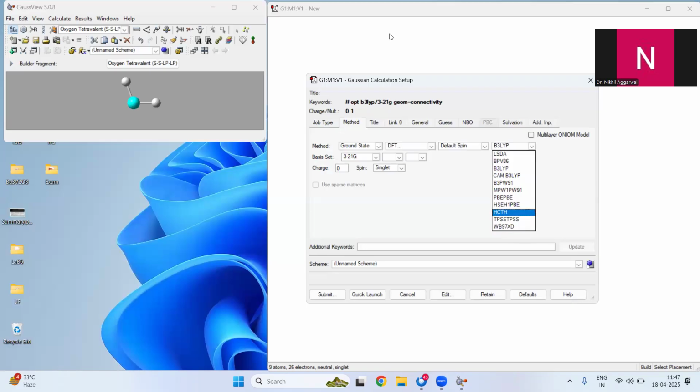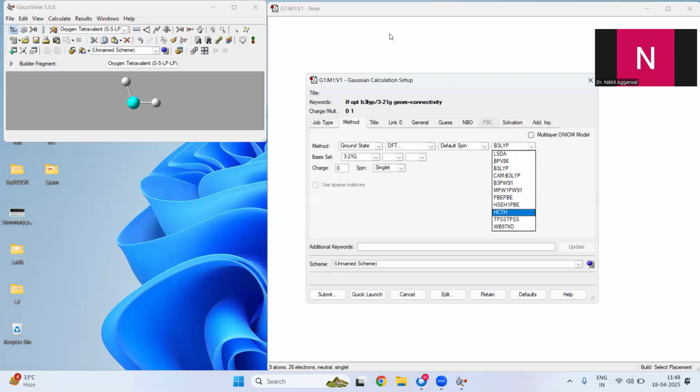Participants, step by step. For ethanol, B3LYP or omega B97XD? Exactly, B3LYP, because carbon, hydrogen, oxygen, none of the atoms has a filled d orbital.